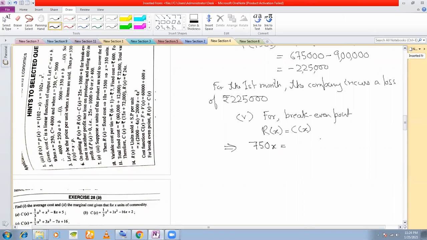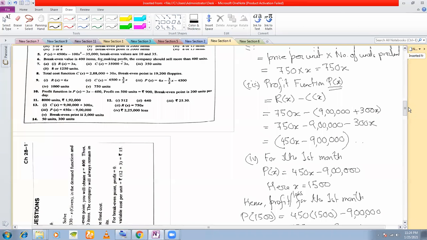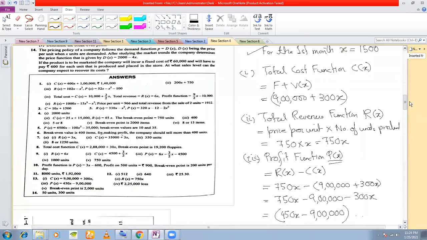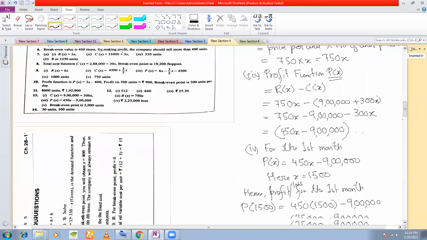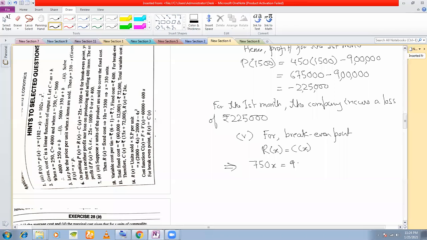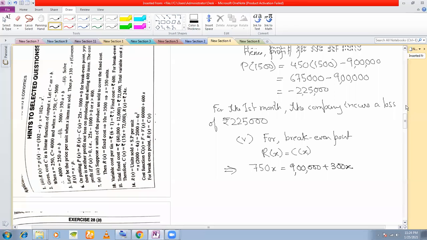And the total cost function here is 9 lakh plus 300x, right? This was our total cost function.